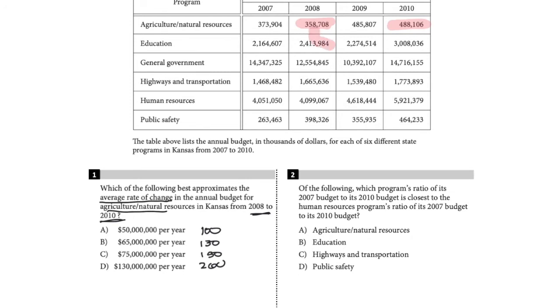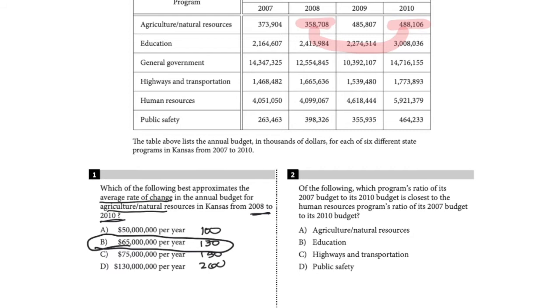So from here to here, is that a difference of 100? No. Choice B is 130. From here to here, is that a difference of 130? And that looks to be a difference of 130. 358 to 488 is 130. Guess what? That is our answer, choice B.